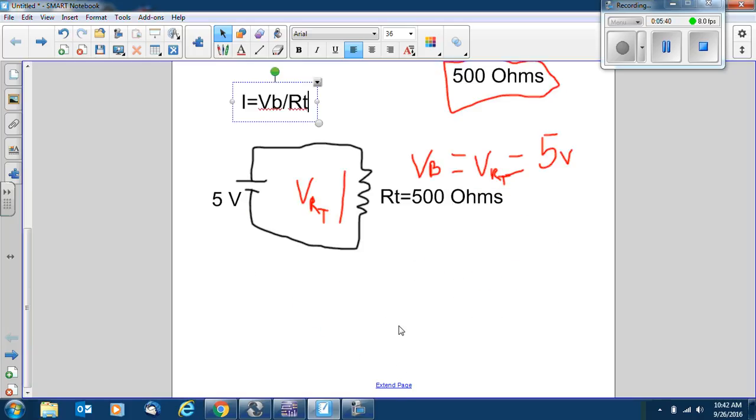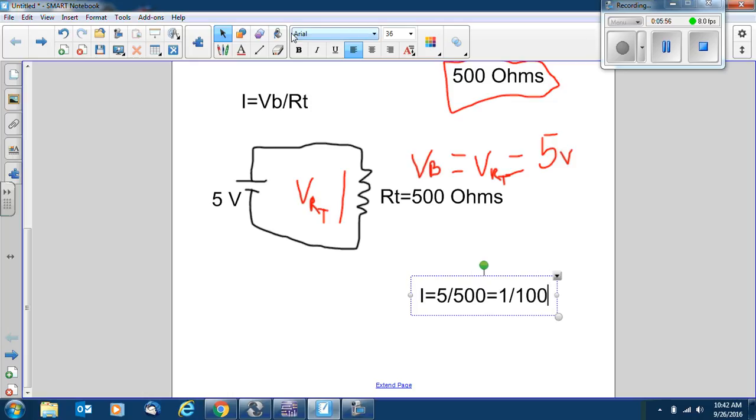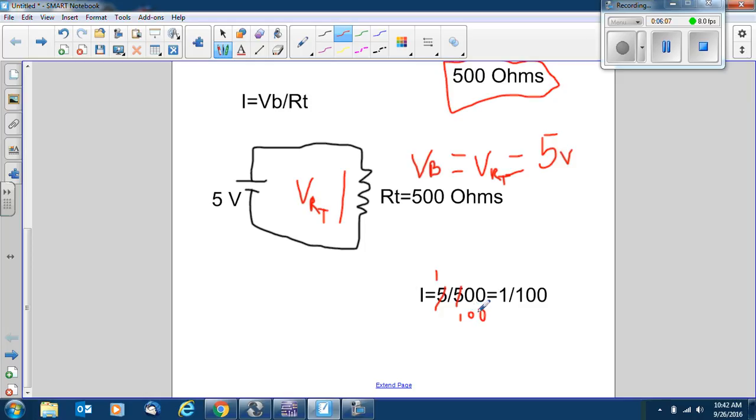Okay, I've got the formula. I derived my formula nicely. So now I can apply my formula. So this is going to be just 5 divided by 500. Well, this is the same as 1 divided by 100, because I'm canceling out 5. I'm canceling out 5. This is 1. This is 100. Got it.